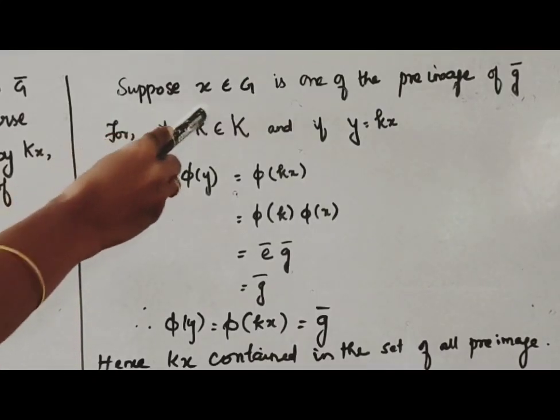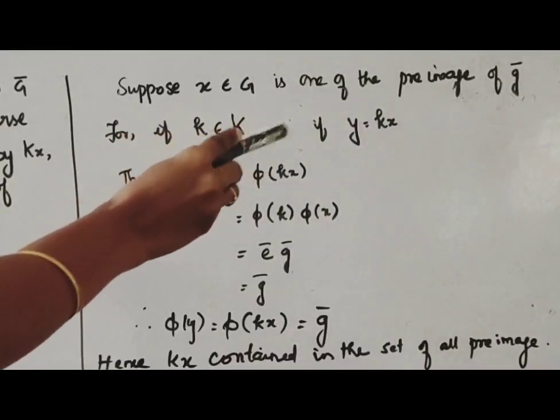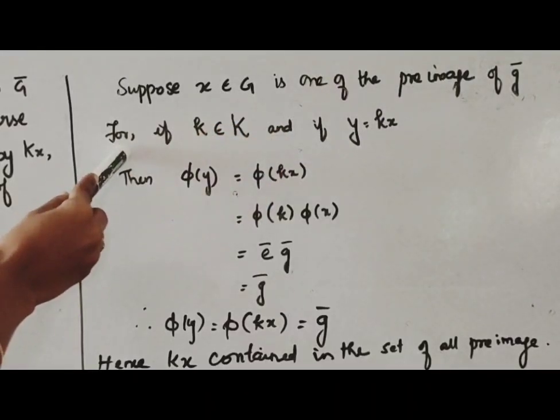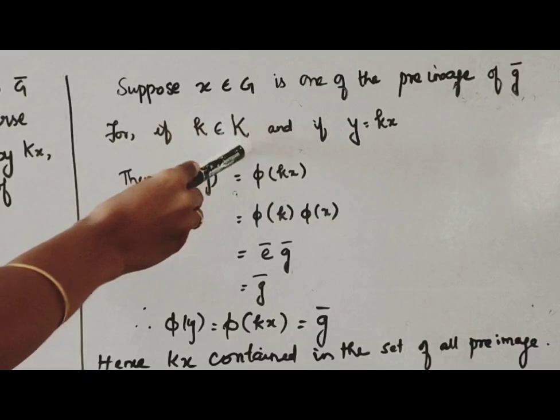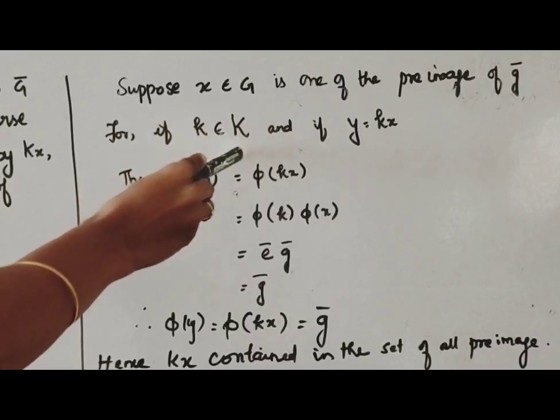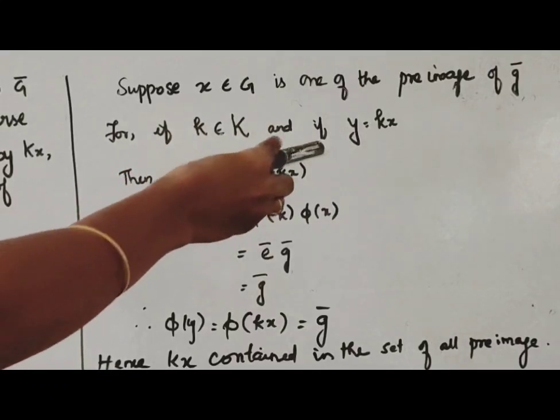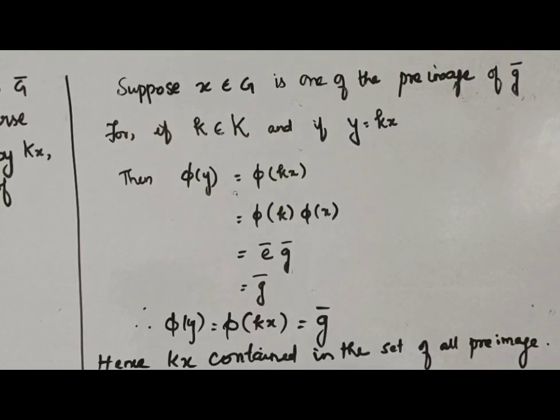Suppose x in G is one of the pre-images of G bar. Let us take a small k from the kernel K, and let y be equal to kx.